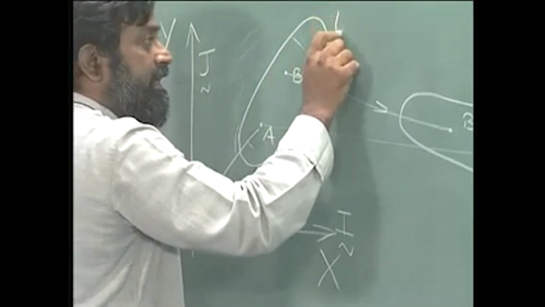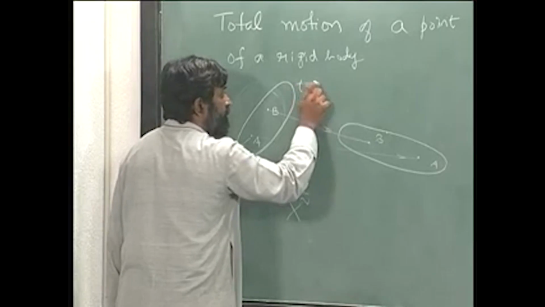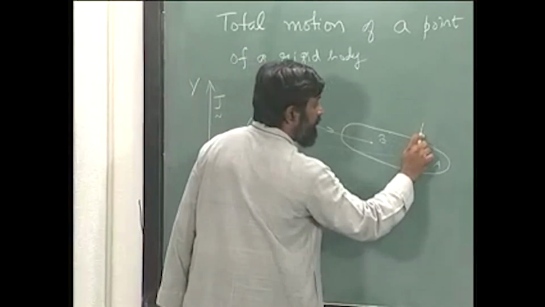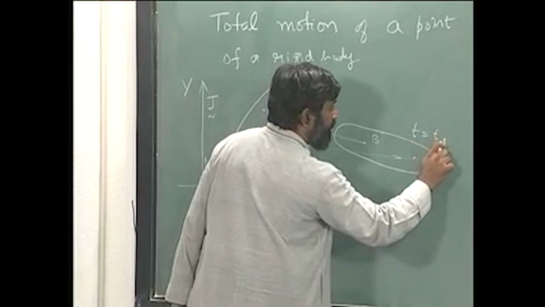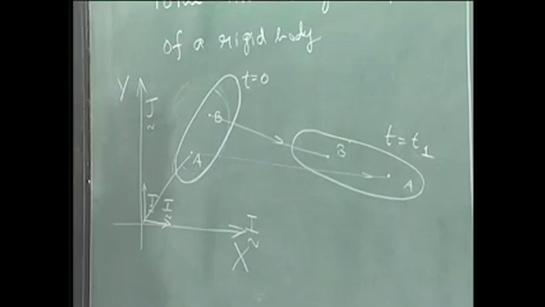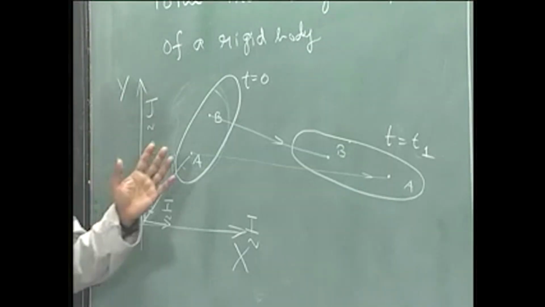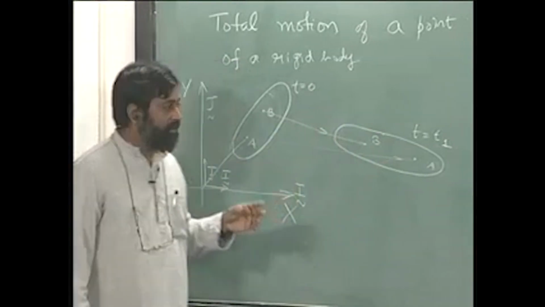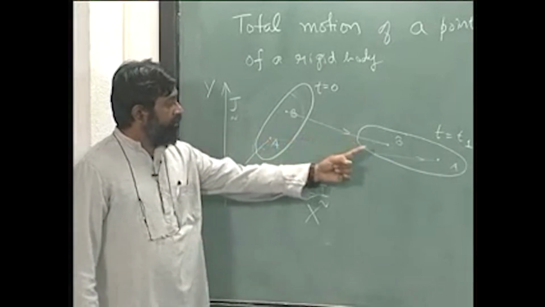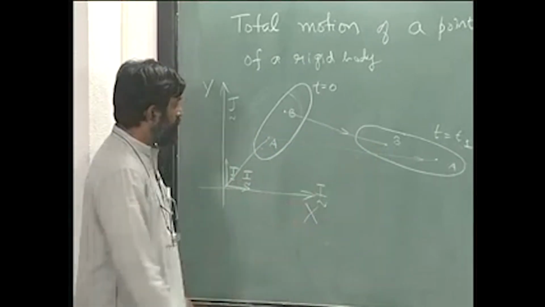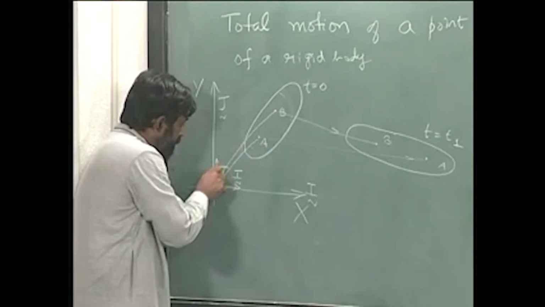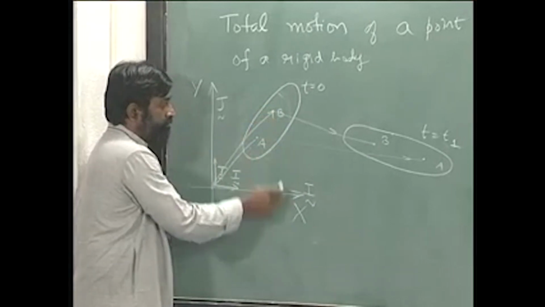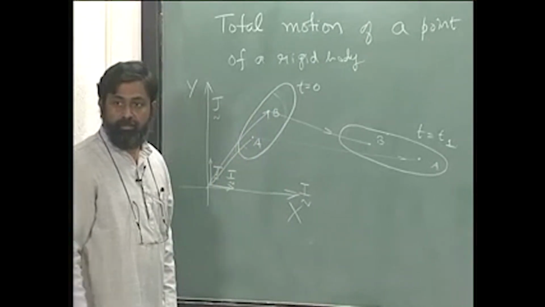Okay. Now, with respect to this, it is possible for me to define each of this. Let us say this is t equal to 0, okay, and this is say t equal to t1, just giving you some example. It is possible for me to track the motion of this particular body. If I have to find out what is this position, I should first know the position with respect to the fixed frame, the initial position. Okay.